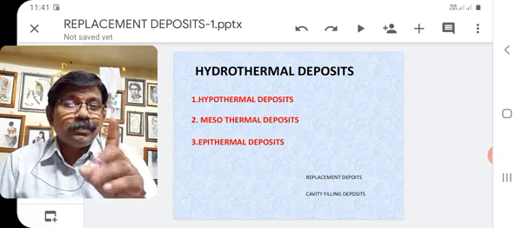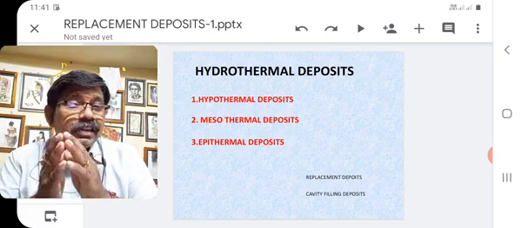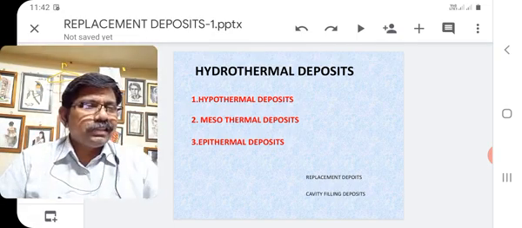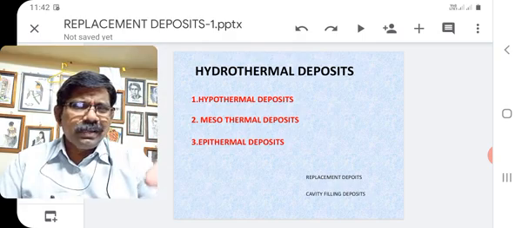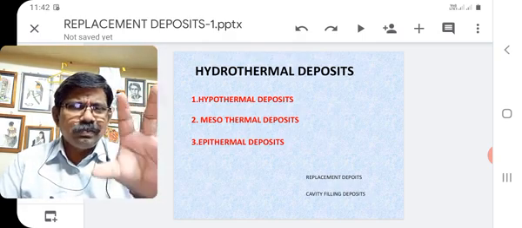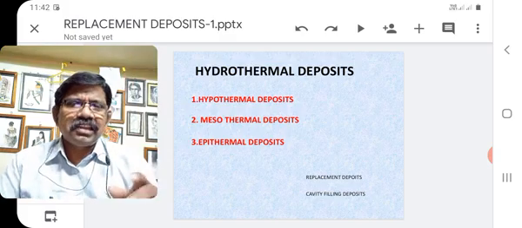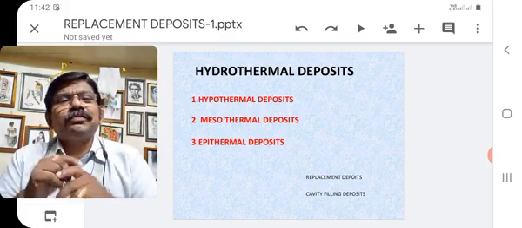First, the replacement deposit. What I said, it will remove that. Suppose you imagine a wall, all bricks are there. Simply a brick which is weak, suppose built of limestone. Limestone is easily dissolvable by the chemical.